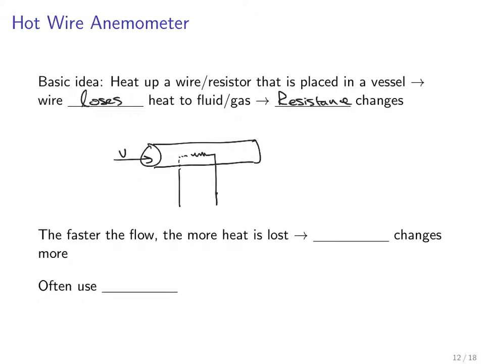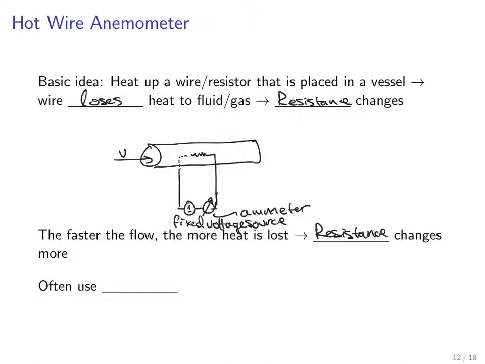We have then an ammeter and a voltage source here that we use to measure the current. So this here is an ammeter, or a current meter, and then we have a fixed voltage here. This is one way to do it. And then the faster the flow, of course, the more heat is lost, and so then the resistance changes more.